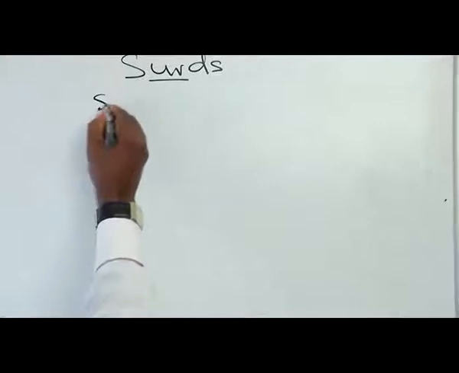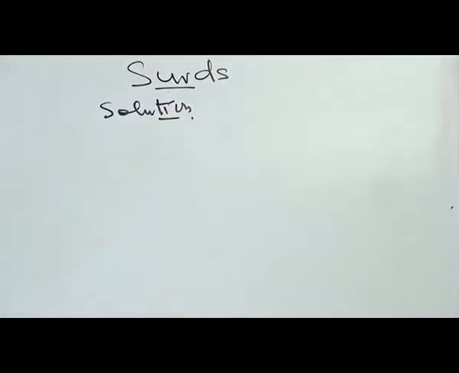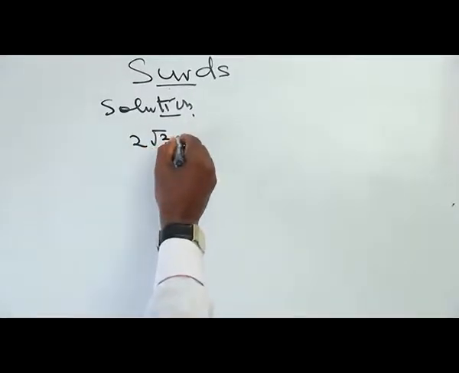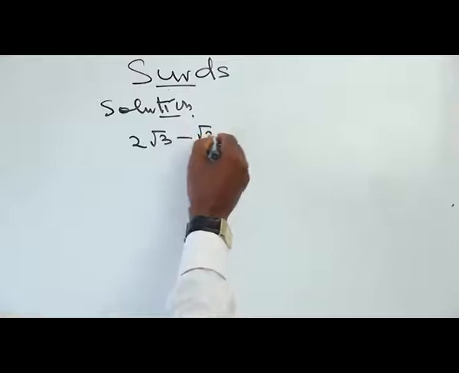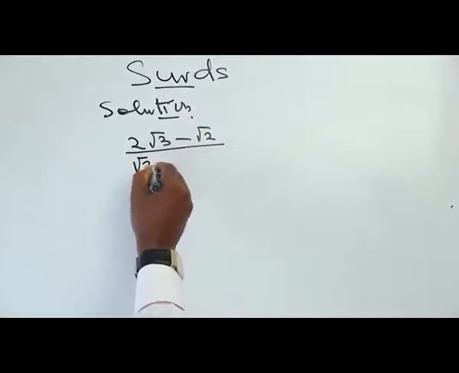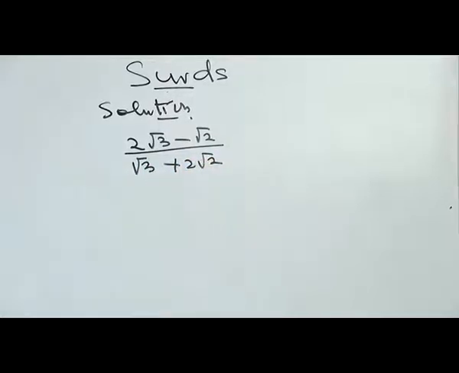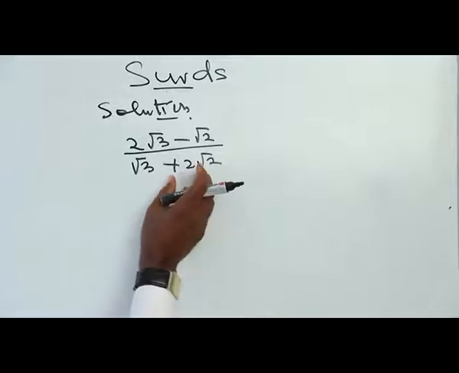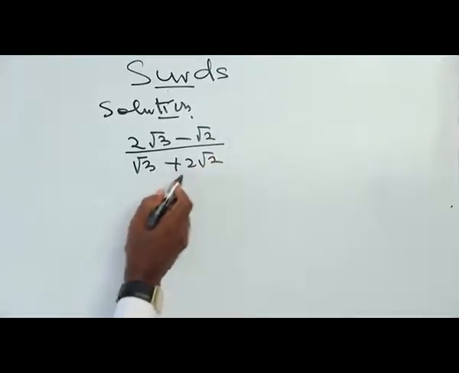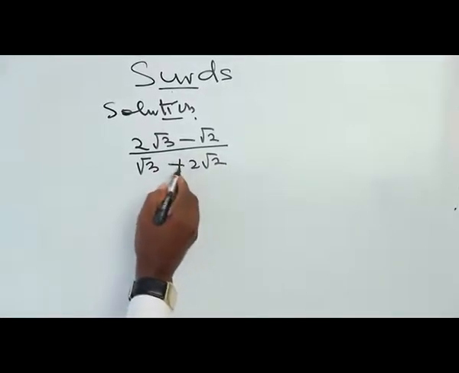Our solution is as follows. You have 2 root 3 minus root 2 all over root 3 plus 2 root 2. You have to multiply the numerator and the denominator by the conjugate of the denominator, which means the positive becomes negative.